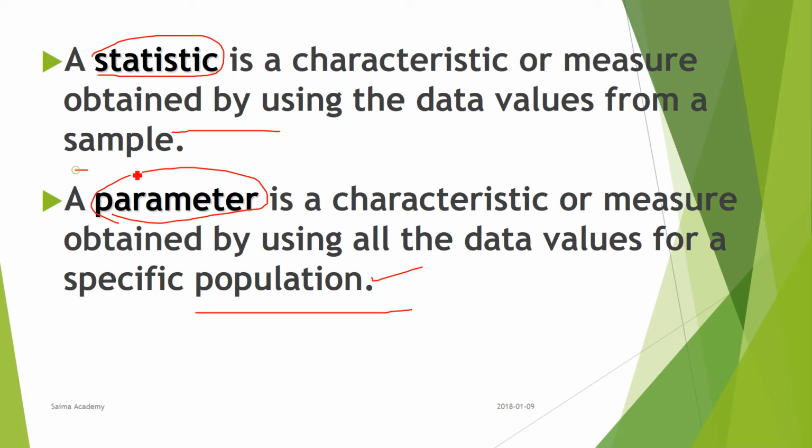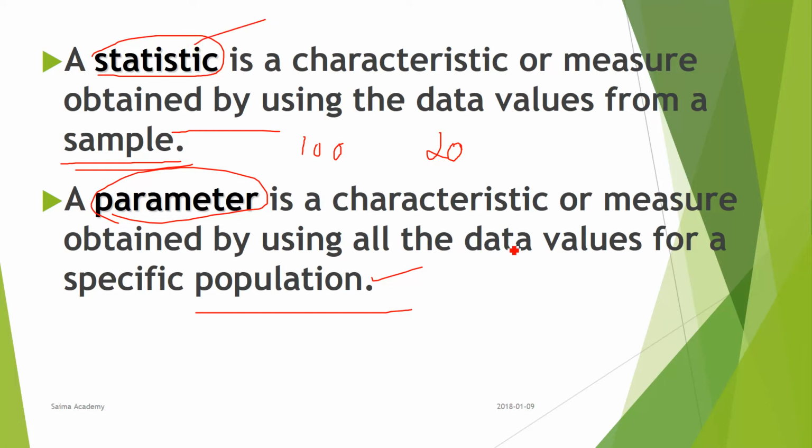And sample, suppose out of 100 students, you may pick randomly, suppose 20 students or 25 students. Maybe you can pick according to your own choice. Maybe you pick through draw or whatever method you will use. So this is called the sample, right? So if we take the data values from the sample, it is called the statistic.